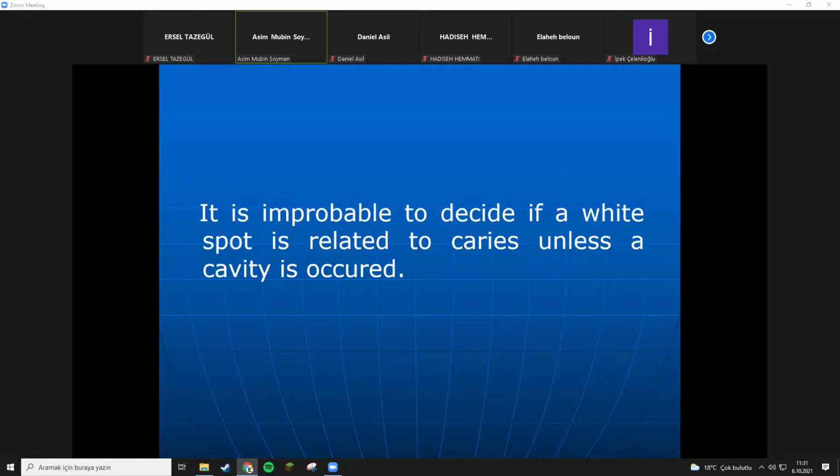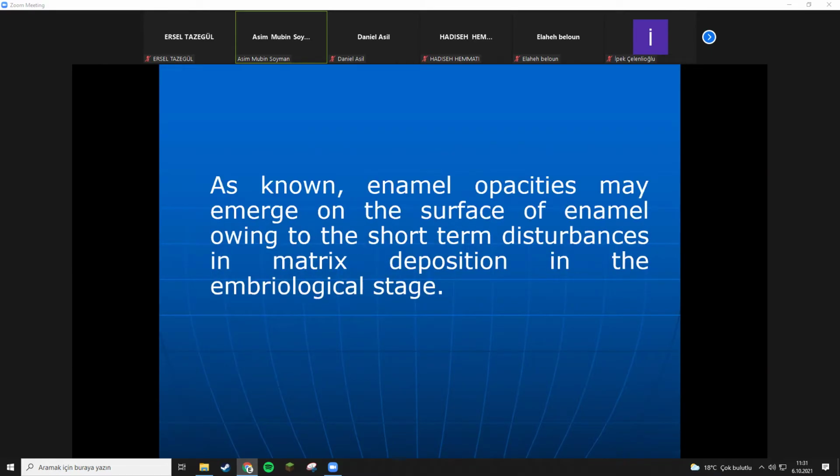As known, enamel opacities may emerge on the surface of enamel owing to short-term disturbances in matrix deposition in the embryological stage. Now we know at the embryological stage, first of all, ameloblasts secrete the organic matrix, and then this organic matrix is a skeleton, and calcium phosphate deposition or precipitation occurs on it.